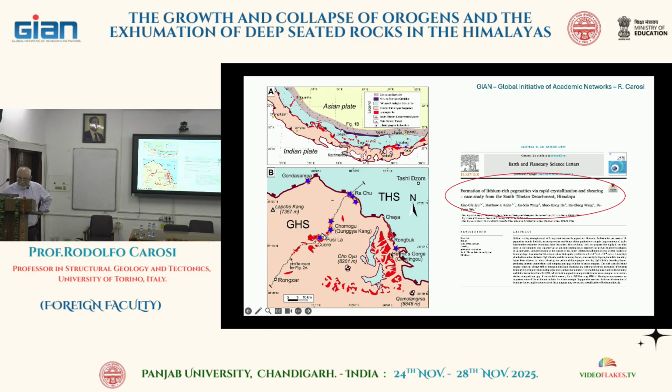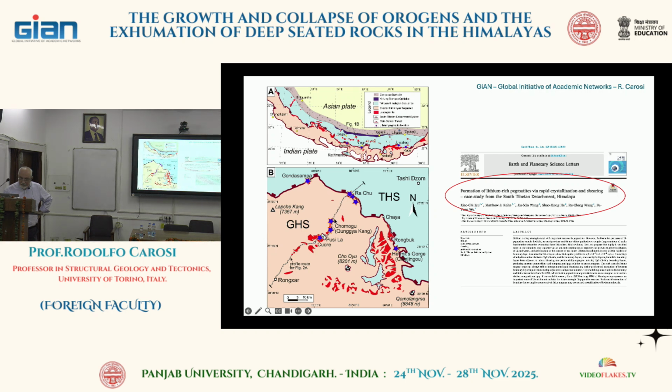This is a picture from this very recent paper, just published a few days ago. Here, Rongbuk Monastery, Mount Everest, Chomolungma is the Tibetan name, and this red stuff is all the granites. This is Cho Oyu Mountain with Pusila granite.